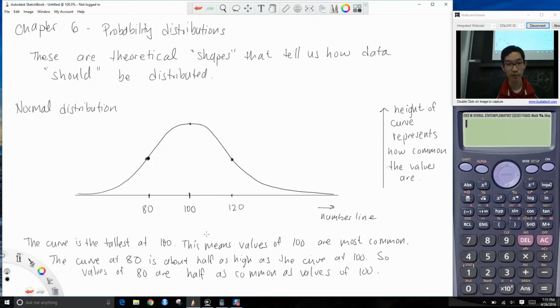So for every time you see an 80, there's probably 2 values of 100 out there. Okay, does that kind of make sense? All right, and then values down here like 60 or values up here at 140, these are even more rare, okay? So 60 is even less common.